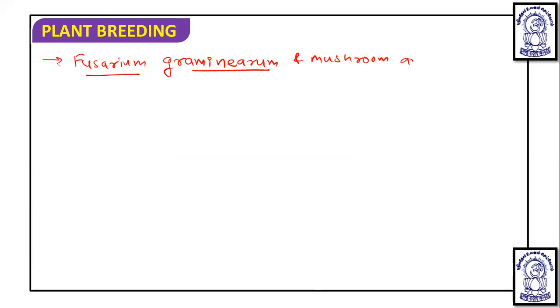And apart from this, Fusarium graminearum and mushroom are also used to gain SCP from fungi.